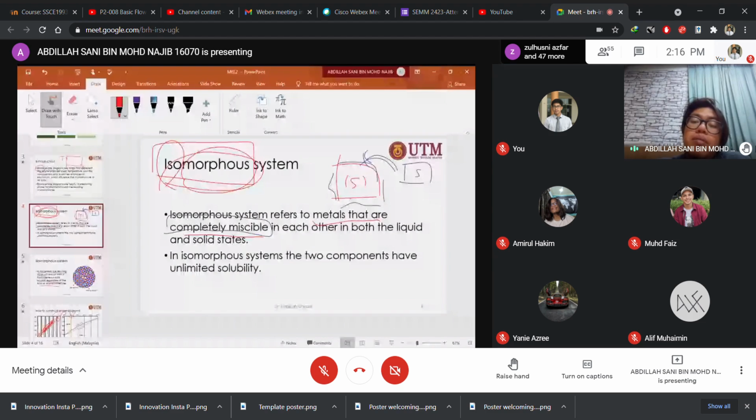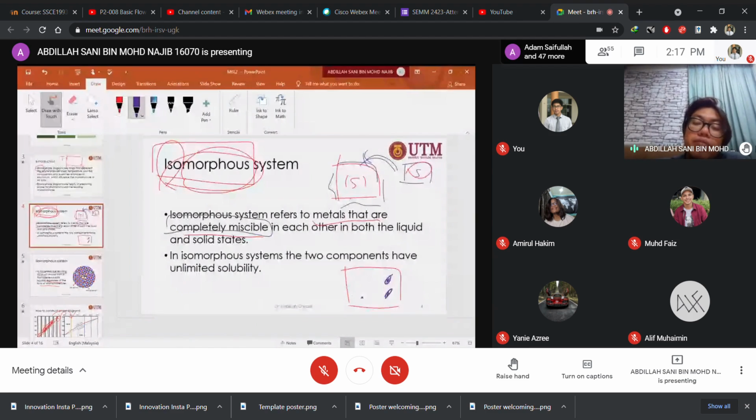What happens when you add this solid into the other and you heat up? It will dissolve for some time, but eventually there will be formation of a second phase, which forms precipitate.